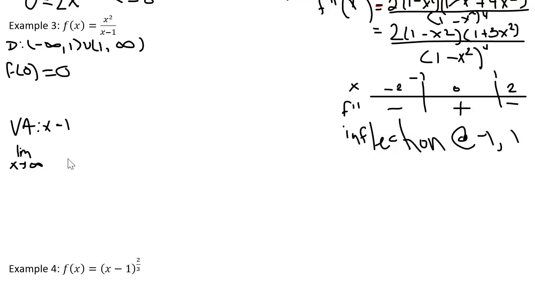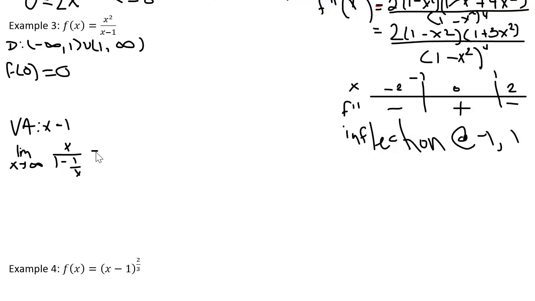What is the limit as x approaches infinity? I'm going to factor out an x, not an x squared, from each term. So that's going to give me x over 1 minus 1 over x.